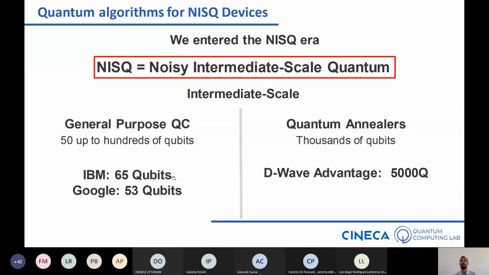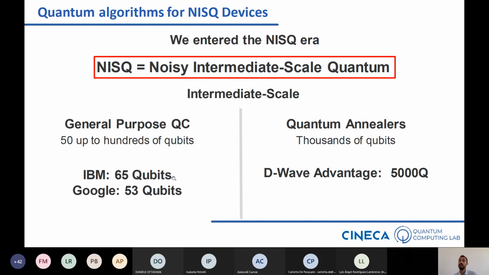That's where we are today, because IBM has a 65 qubit machine, Google 53, probably a 70 qubit machine, but not working very well. So we will stay in this intermediate scale era until we reach devices of the order of thousands of qubits.